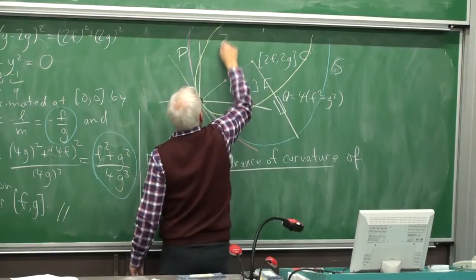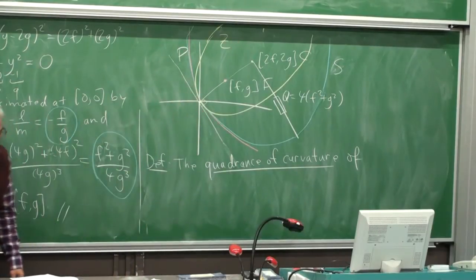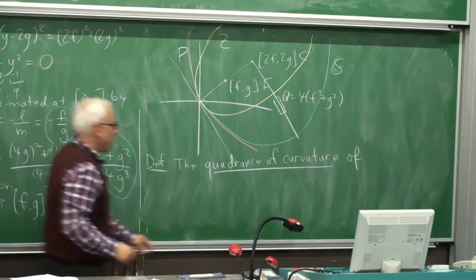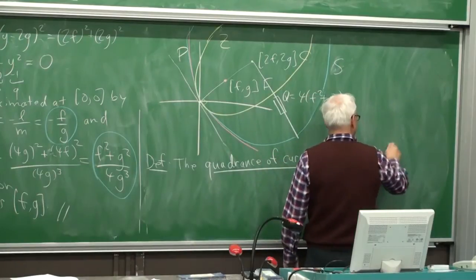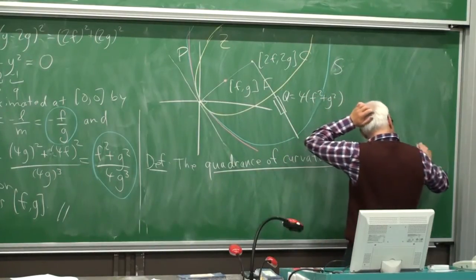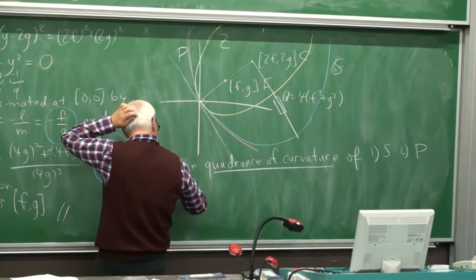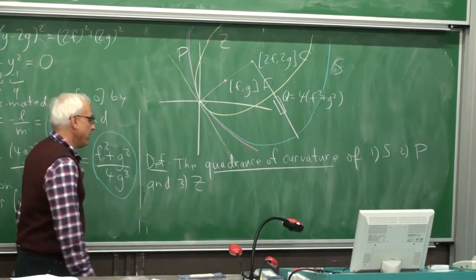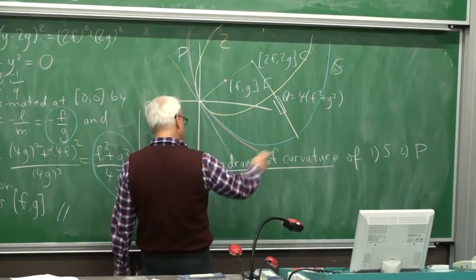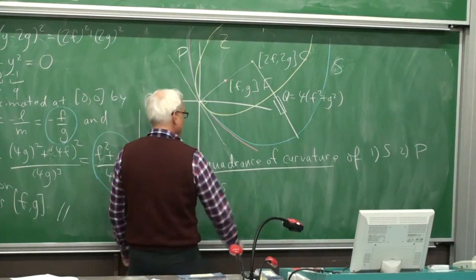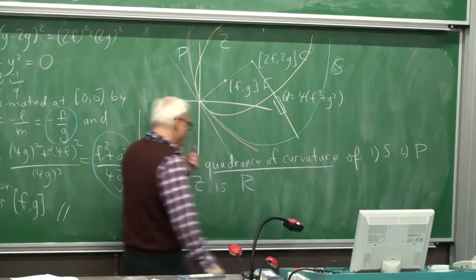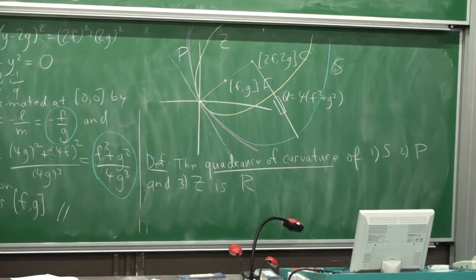Okay, so there might be Z. We're going to define the quadrance of curvature of all three of these things, S and P and Z, because at the origin they're all really the same. By definition, we're going to give it the name capital R. I like to give capitals for quadratic things.